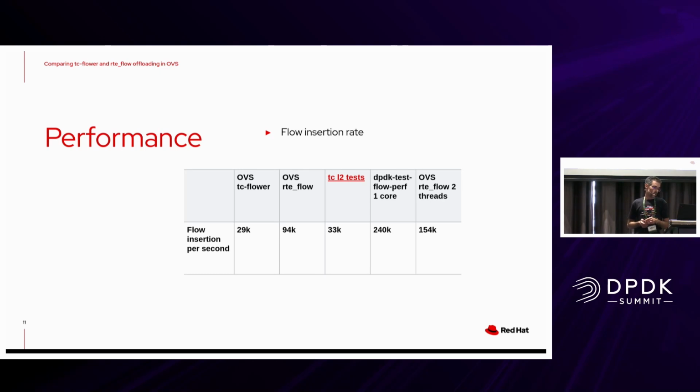One final note on this topic is that by default, OVS will try to offload all flows through one thread, but you may assign more resources to push more flows to your hardware, and with this, I managed to get more flows per second in the hardware. So all of this is great. I have great numbers, so RTE flow is better, but is it enough for everyone?